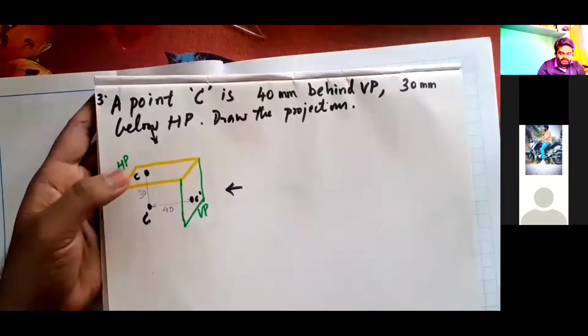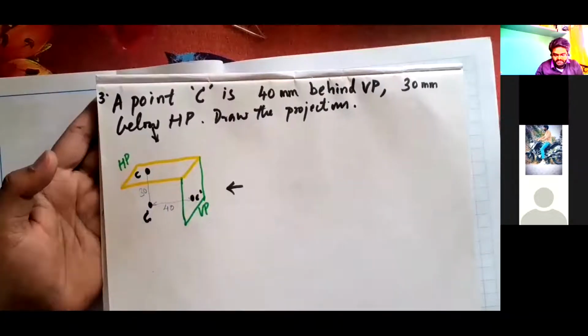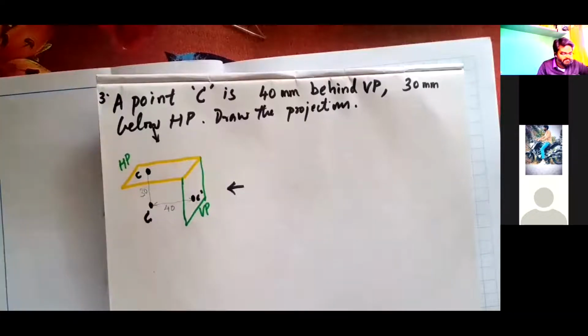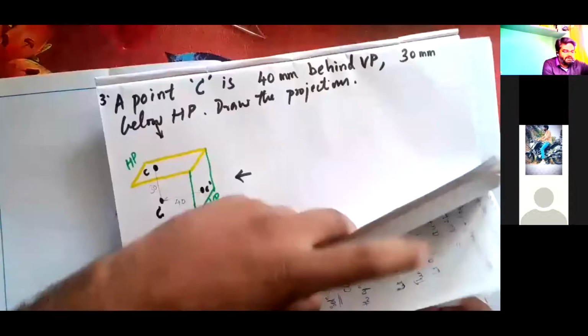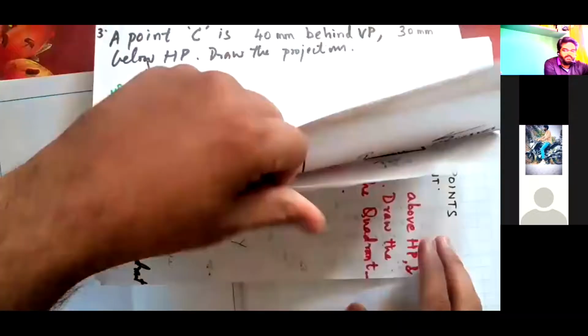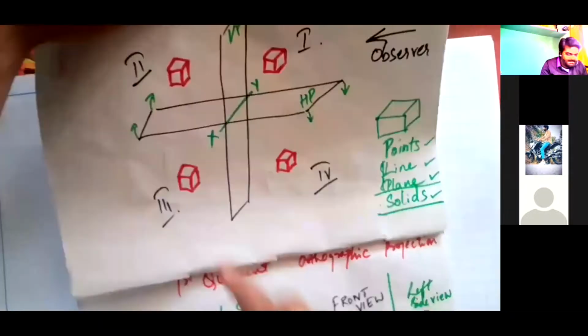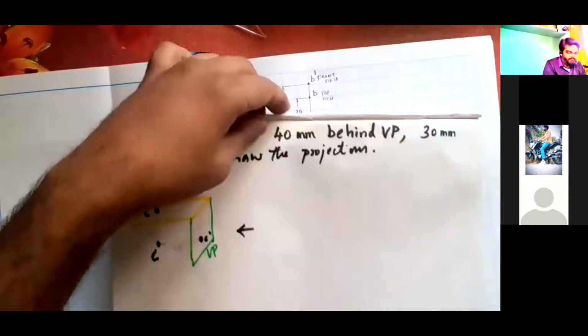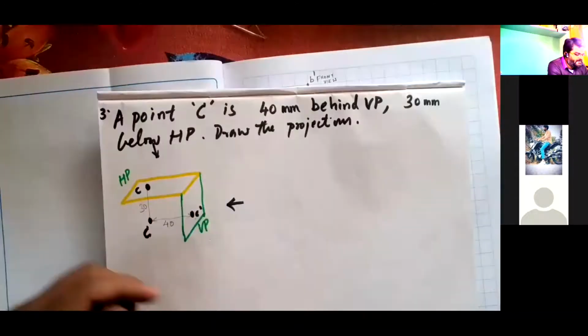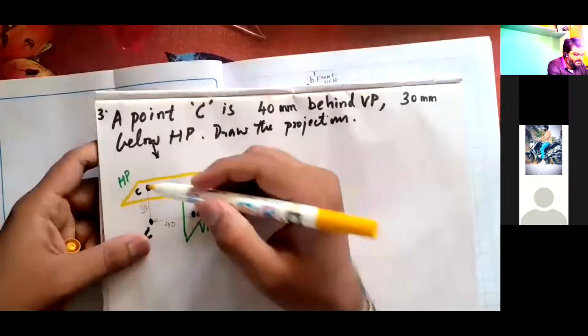So what should happen according to the basic concepts of projection? I have to rotate the horizontal plane in clockwise direction. Remember, horizontal plane is rotated in clockwise direction always. What will happen? I'm rotating this horizontal plane in clockwise direction.